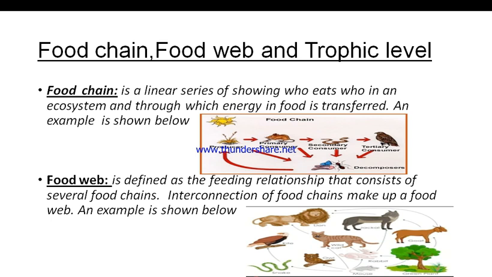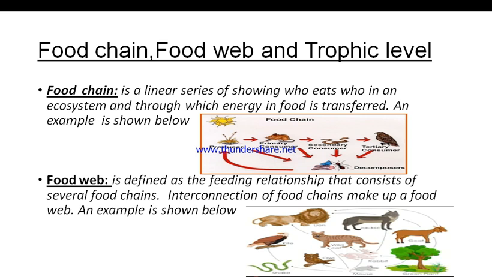When they all die, they are decomposed by the decomposers into simple inorganic substances, the producer absorbs them back, and another food chain begins. Energy is transferred from the producer to the primary consumer, then to the secondary consumer, and finally to the tertiary or final consumer.